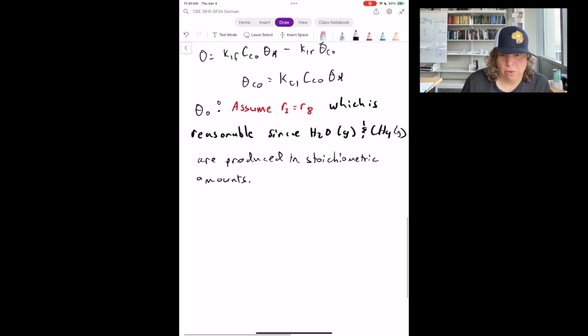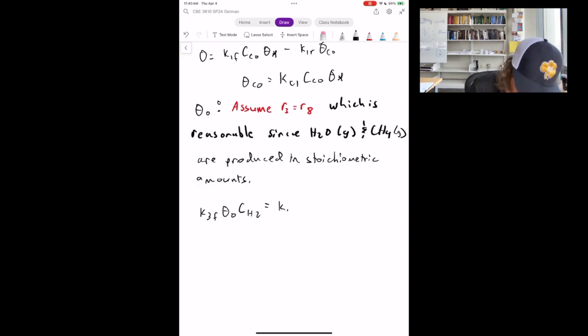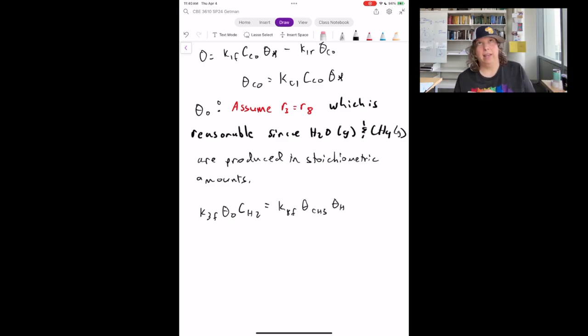Okay, so if we do that, then what we're saying is that K3F theta O theta CH2 is equal to K8F theta CH3 theta H. Here, this is the gas phase concentration of molecular hydrogen, so that is useful because that's not an intermediate species, that's a measurable amount. If we then use this expression and solve for theta O, that gives us this expression.